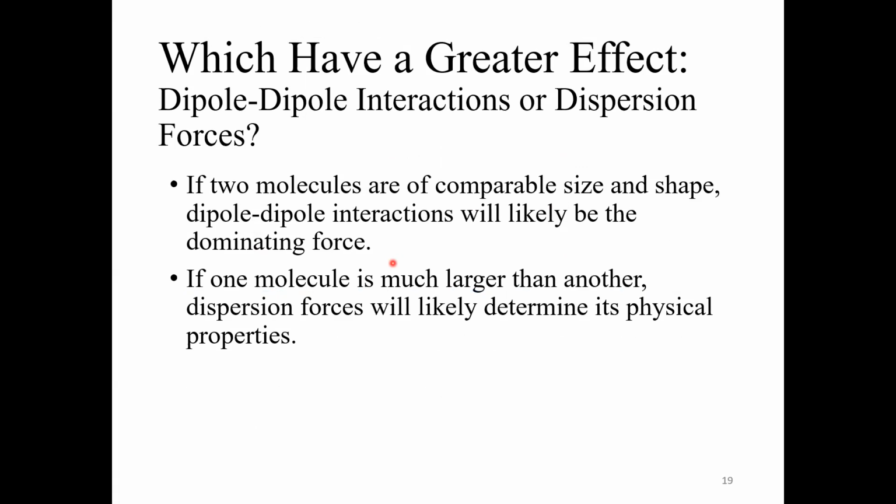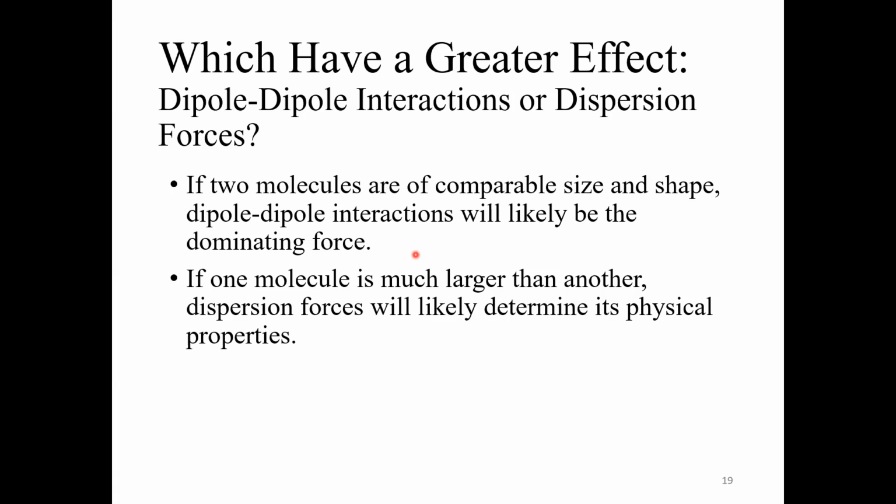And then with this one, which has a greater effect, dipole-dipole interactions or dispersion forces? If we're looking at two molecules that are roughly the same size, so if we think again back to that table where we had 5 or 6 different substances with the dipole moment shown, we saw the dipole increase as we moved down that table, so the boiling point did as well.